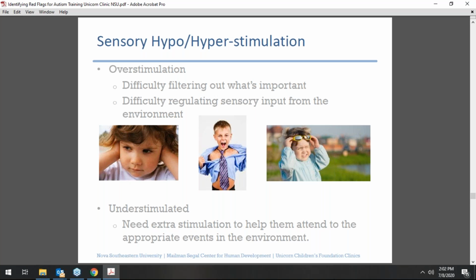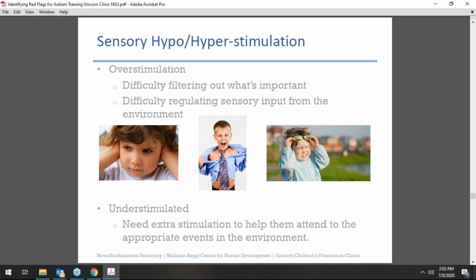If there's a loud noise like sirens, alarms, fire alarms, sometimes with children with autism, you have to give them a warning if you know a drill is happening, so they can get prepared, because transitioning for them is difficult.